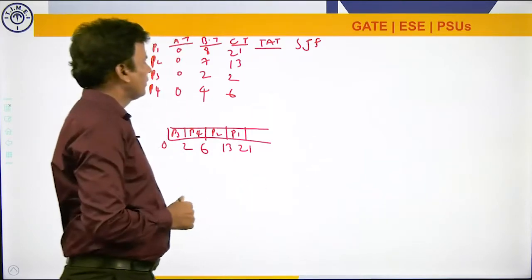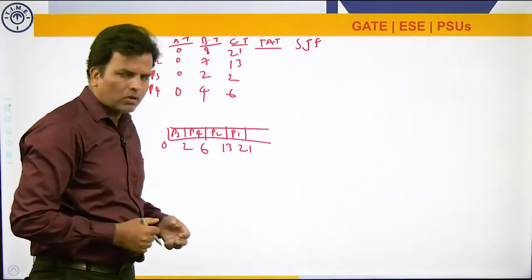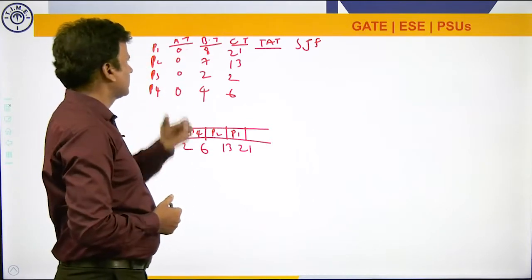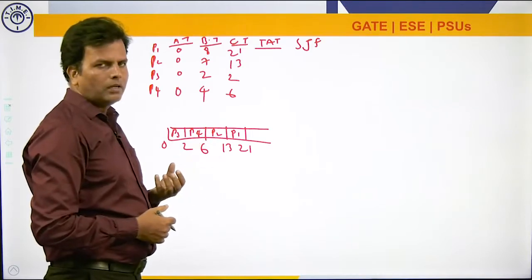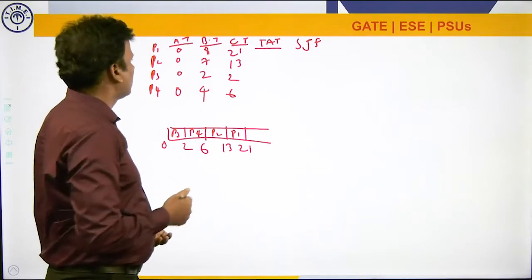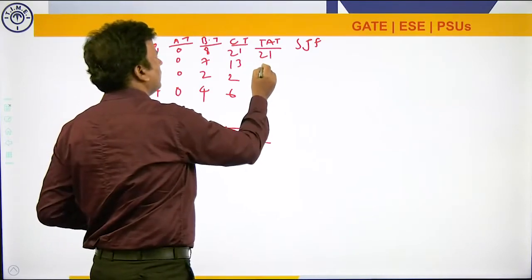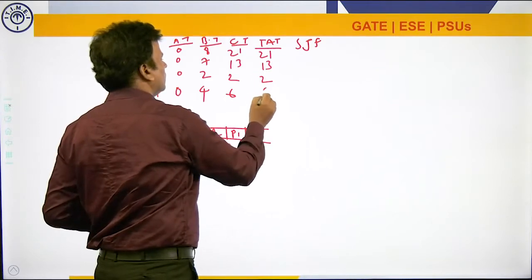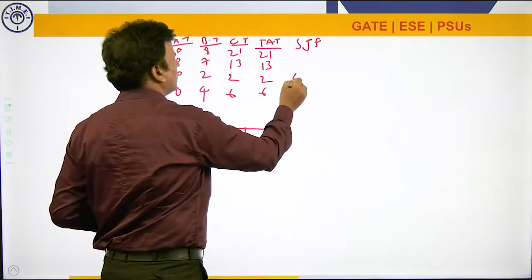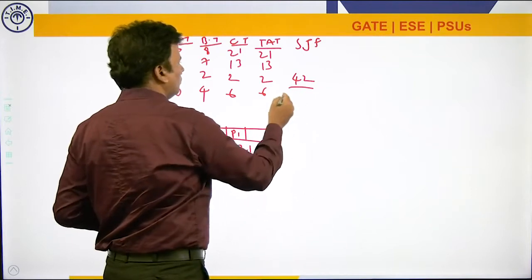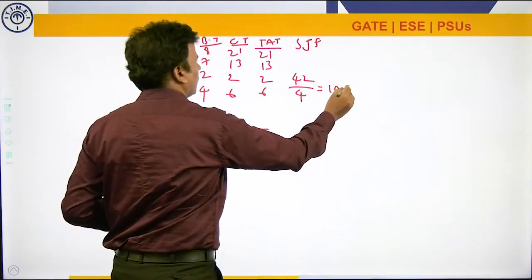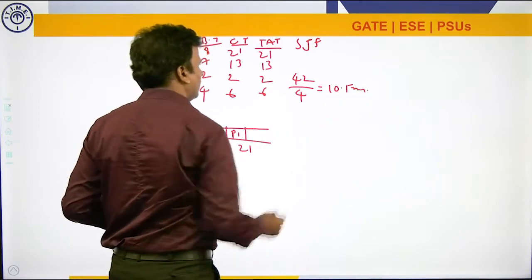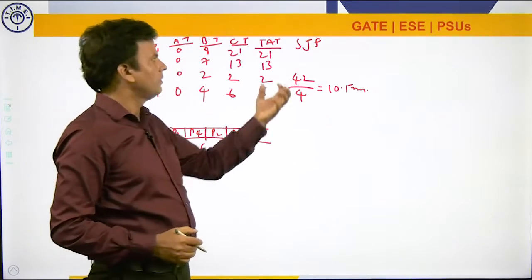The turnaround time formula is completion time minus arrival time, but arrival time itself is 0, so the completion time itself becomes the turnaround time for these processes. So that is 21, 13, 2, 6. The total is 42, and 42 by 4 will come to 10.5 milliseconds. This is the average turnaround time with SJF.